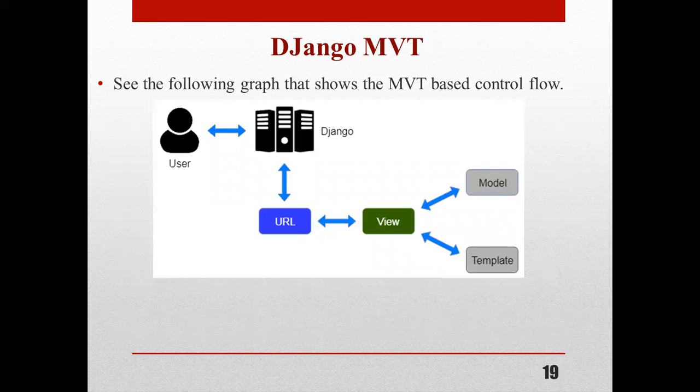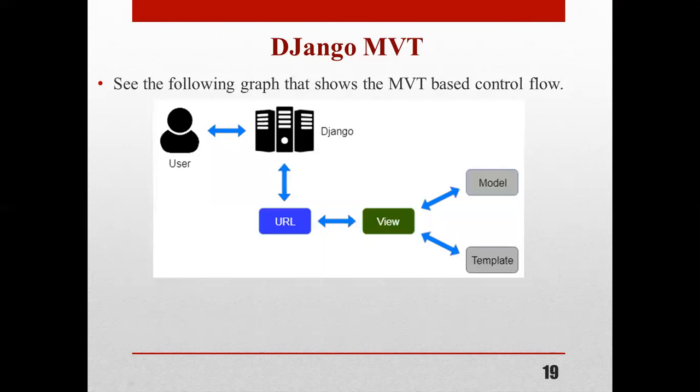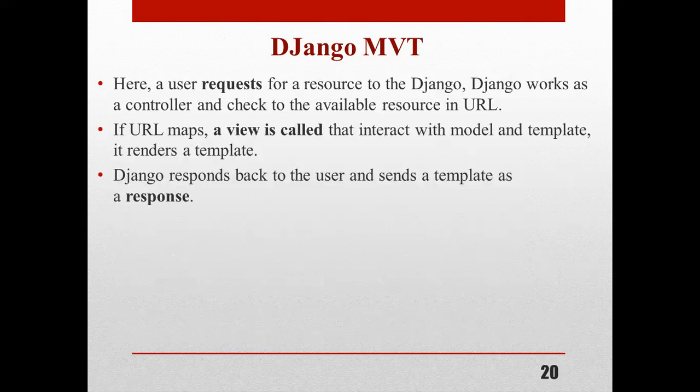Here you can see Django works as a controller. Then it will check the availability of the resources from the URL. If the URL maps, a view is called and that interacts with the model and the template.